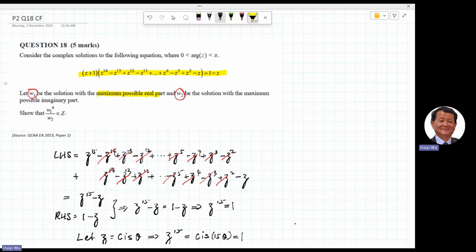So that means W1 is another complex number, the solution for the real component of Z to be maximum.